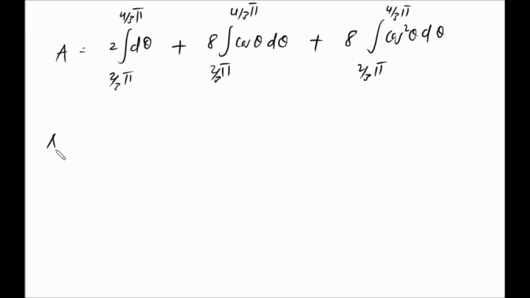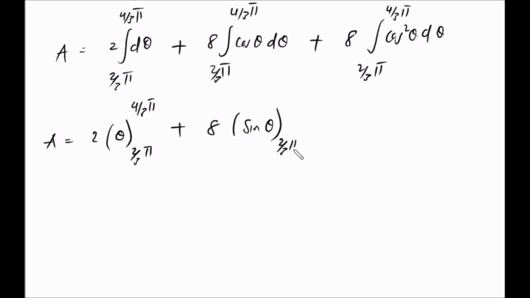Kwa hiyo nikiintegrate d theta nabaki na theta. So it's from 2 over 3 pi to 4 over 3 pi jumlisha 8. Nikiintegrate cos theta napata sin theta. So it's from 2 over 3 pi to 4 over 3 pi jumlisha 8.